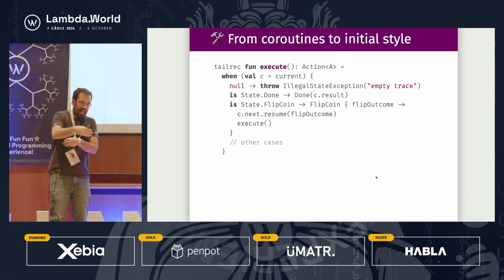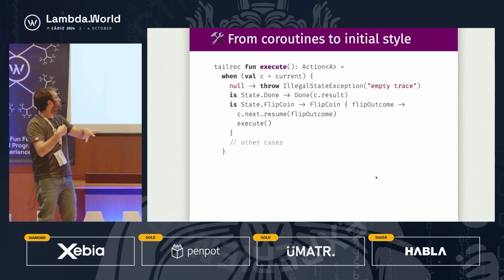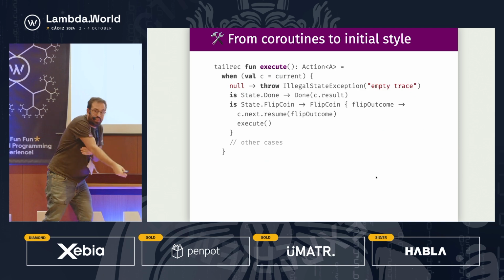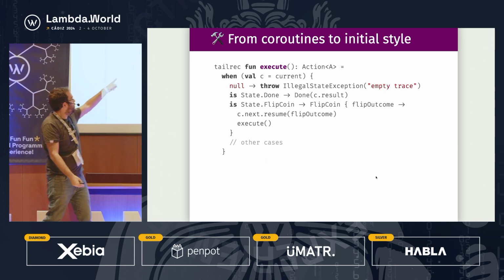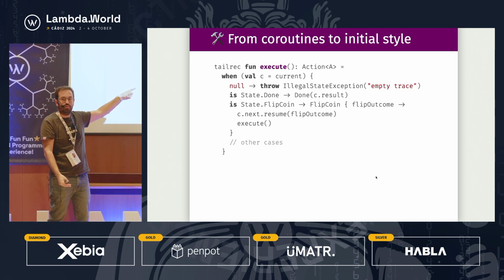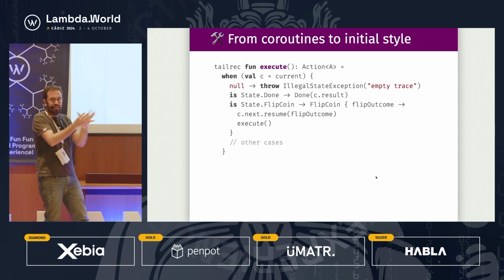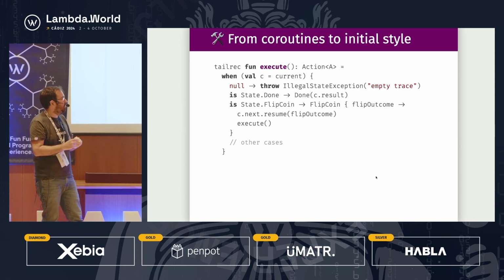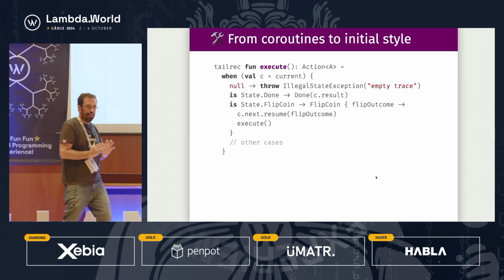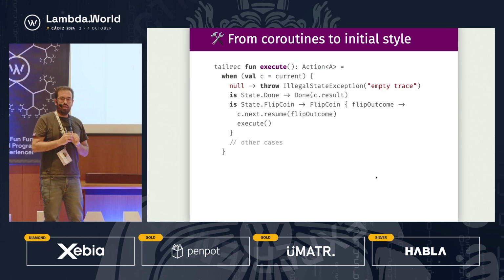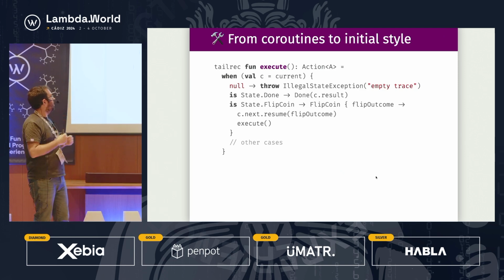And then we will have the execute, which will essentially look at it the other way around. We'll look at the current state and produce one piece of the thing. So if the state is done, it will produce the done, and then it's actually finished. If it's flip coin, it will produce the flip coin constructor, the flip coin case.